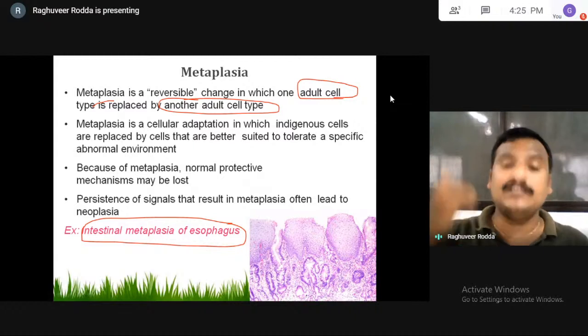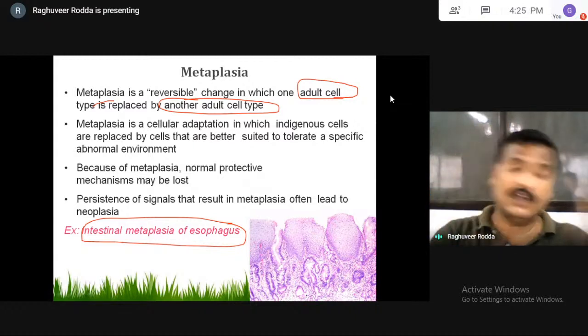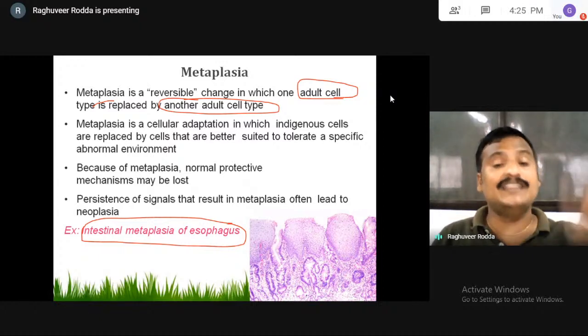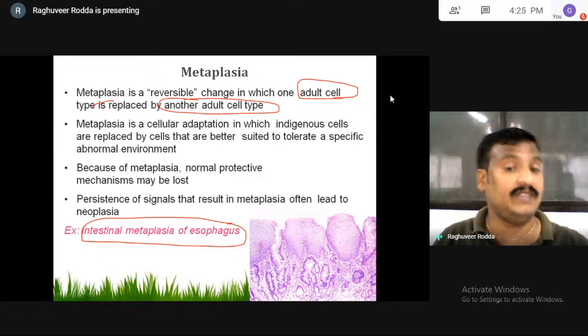Okay, so generally, if you see the mucous membrane of the esophagus, it is a squamous epithelium layer.